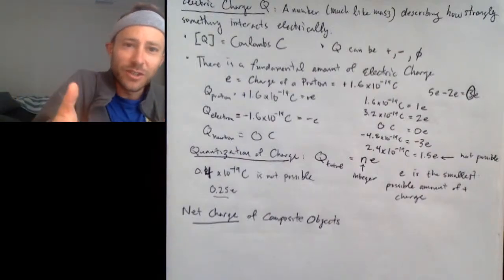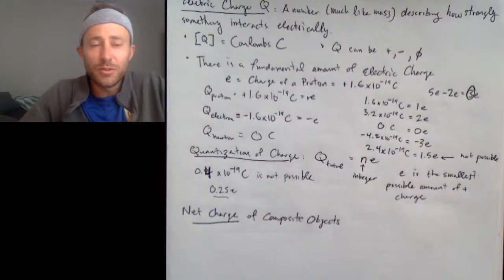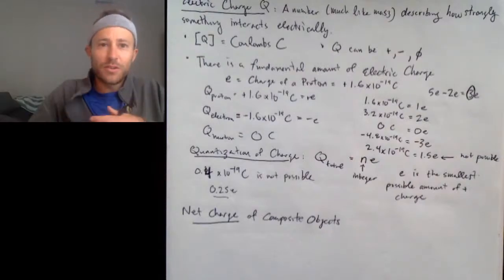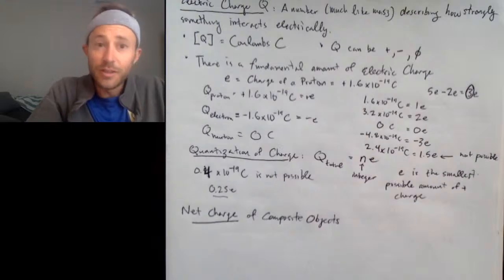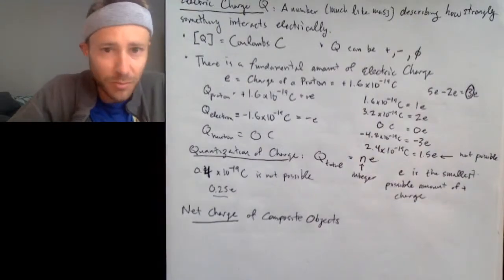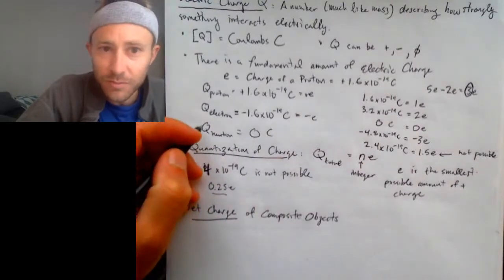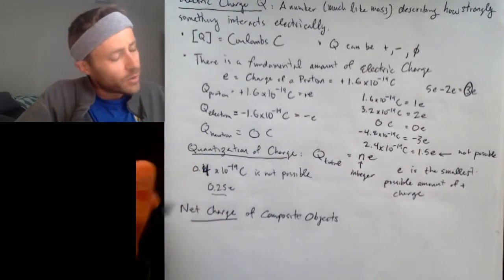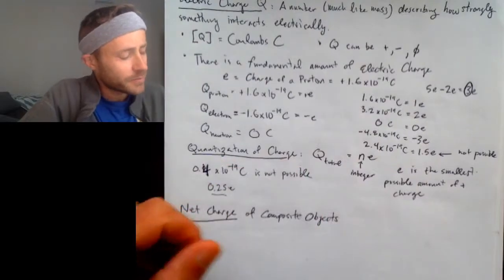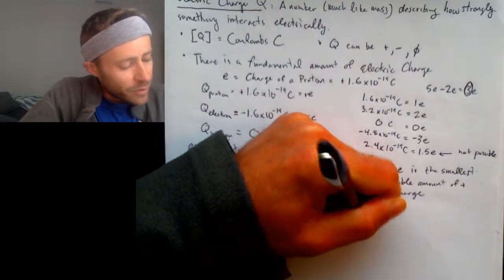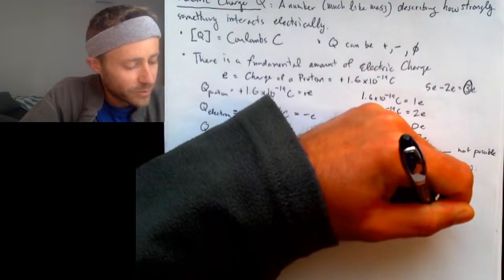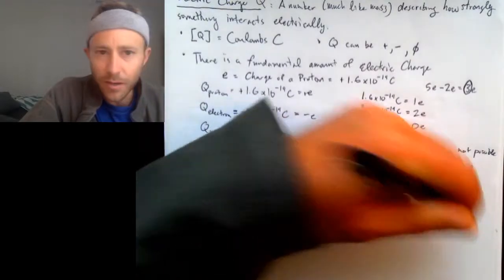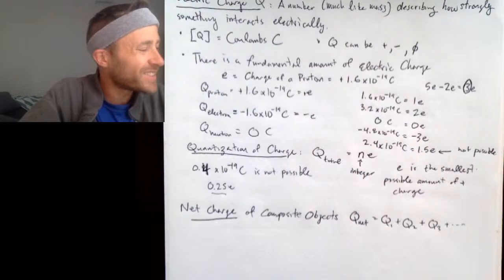And those cells are also composite objects because they're built up out of molecules, and those molecules are composite objects because they're built up out of atoms, and those atoms are composite objects because they're built out of protons and neutrons and electrons. Okay? So if you have a composite object, the net charge on that object is simply the sum of the charges of the individual pieces that make up the composite object.